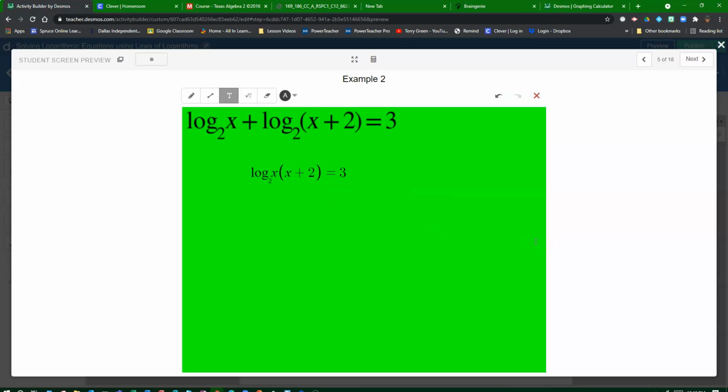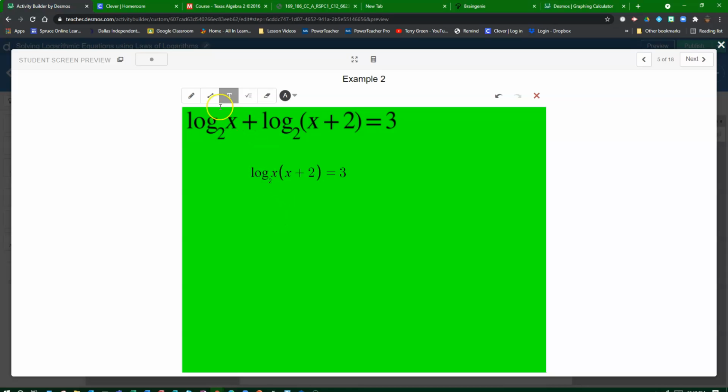Now, since I only have one log left, not on both sides, I can just rewrite it in exponential form. We know the base is going to be 2.